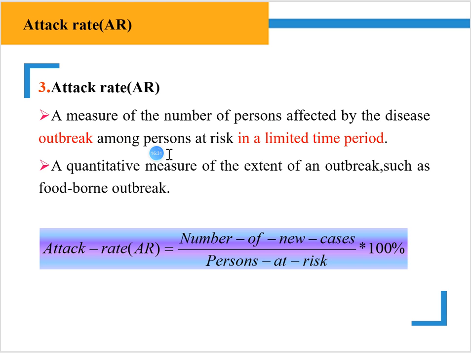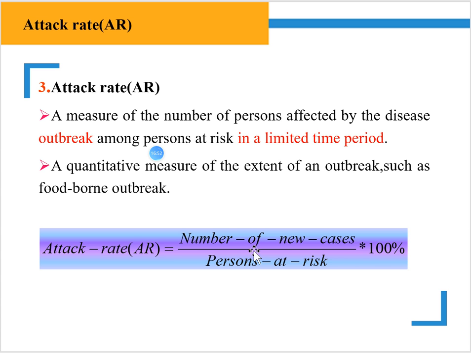Attack rate is a measure of the number of persons affected by the disease outbreak among persons at risk in a limited time period. It is a quantitative measure of the extent of an outbreak, such as a foodborne outbreak.